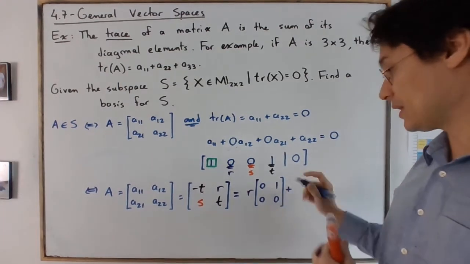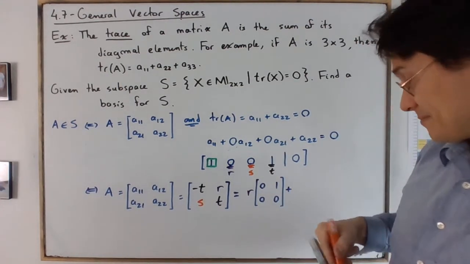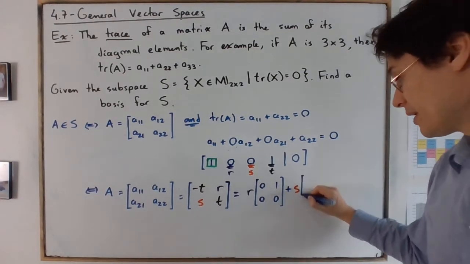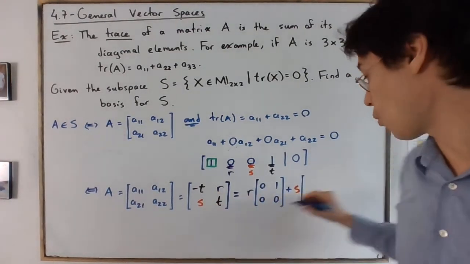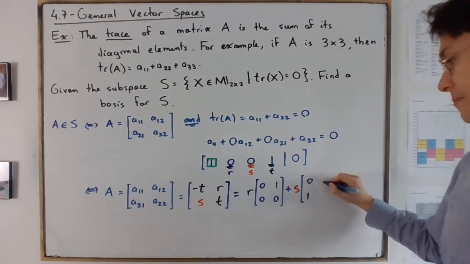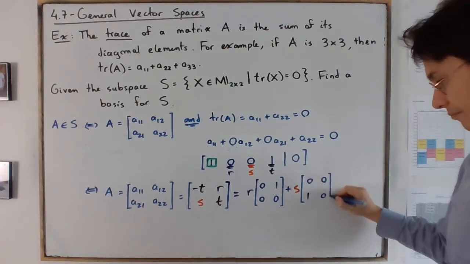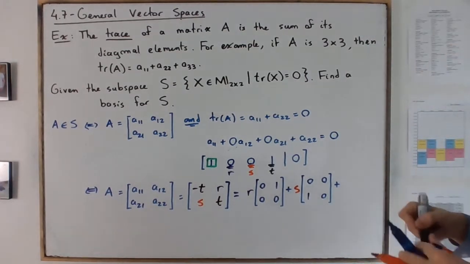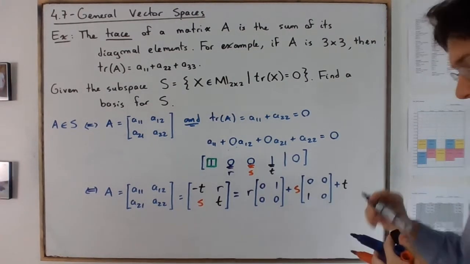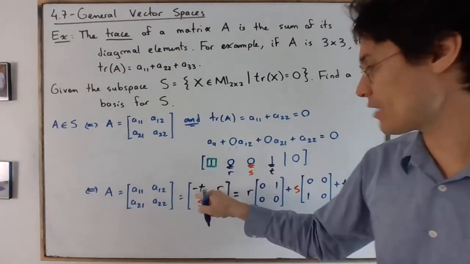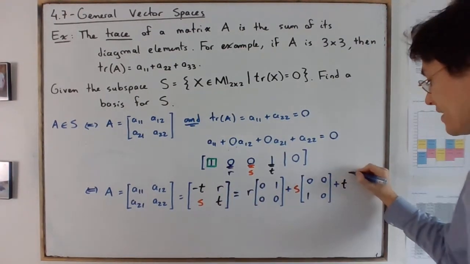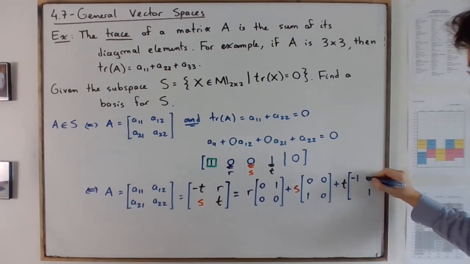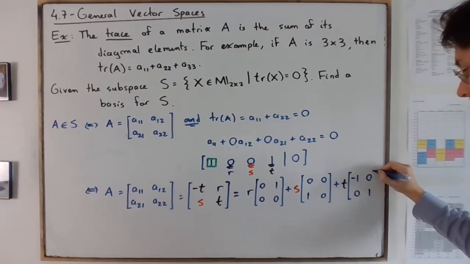Plus S. Here I'm just going in alphabetical order, and there you have a 1 here and a 0 elsewhere. And finally, plus T, and you have -1 here and 1 here. So -1, 1, 0, 0.